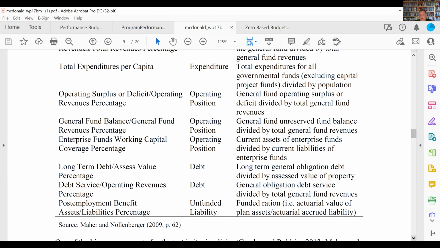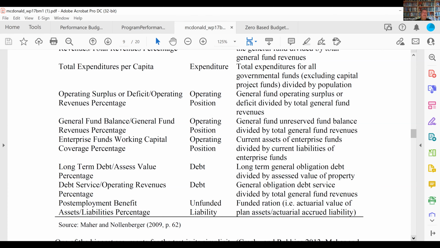Now, we haven't talked a lot about taxation yet. We'll get to that in a couple of weeks. But assessed valuation is an indicator of the tax capacity of your jurisdiction. It's an indicator of the ability of your jurisdiction to generate money through tax revenue. So what you're doing here is taking your long-term general obligation debt, and again, we'll talk about general obligation debt next week.